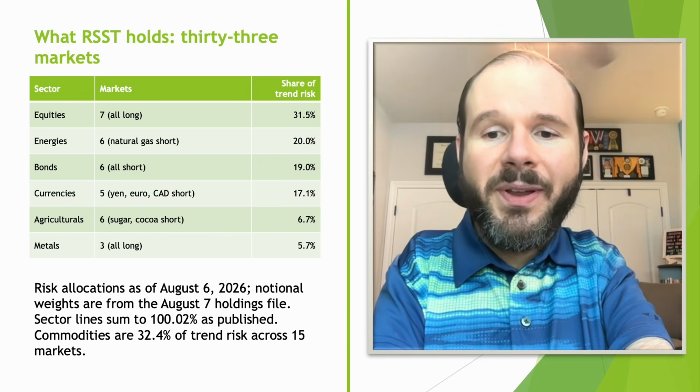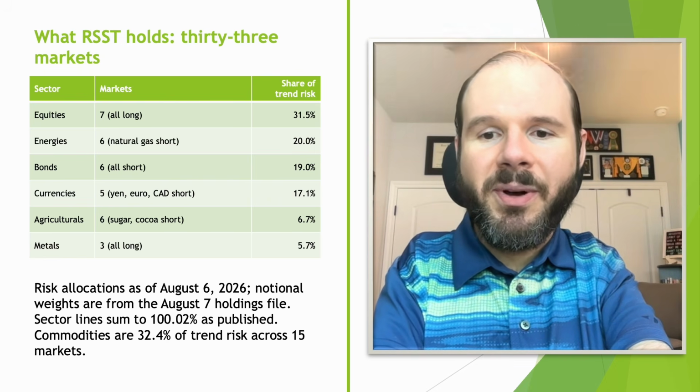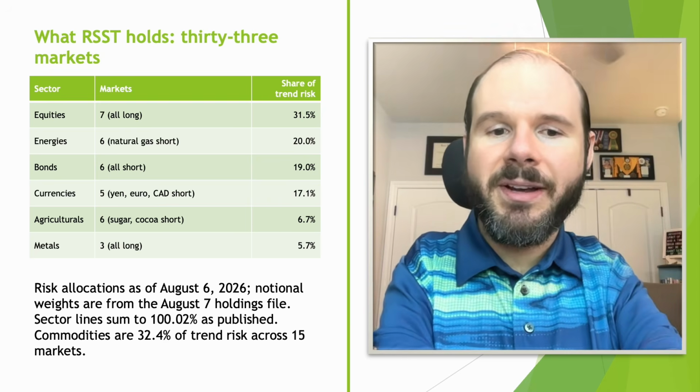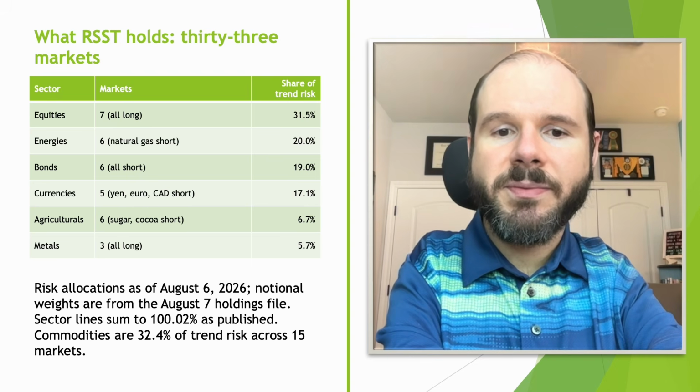Other thing that I want to point out here is that when you're looking at these charts, sometimes they don't always sum up to 100%, and that's just an artifact of the leveraging that's typically used in these managed futures strategies.